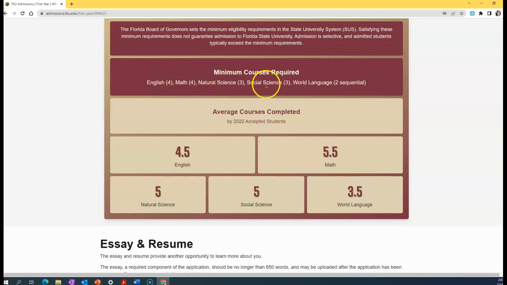So again, minimum courses required: 4 credits of English, 4 credits of math, same as ours, natural science 3 credits, social science 3 credits, same as ours, and 2 years of world language that are sequential. For the 2022 accepted students, they earned 4.5 credits of English and 5.5 credits of math, 5 credits of natural science, 5 credits of social studies, and 3.5 credits of world language.